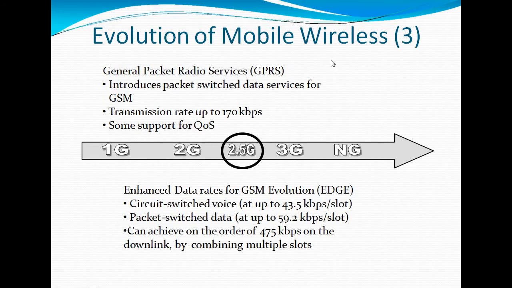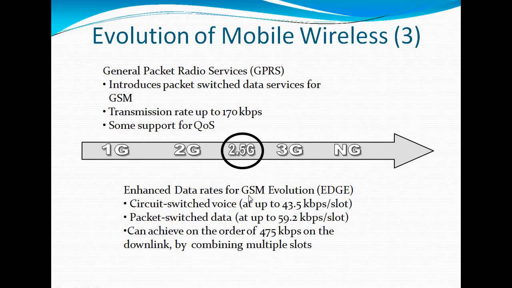Now the next generation of wireless mobility is 2.5 generation, which uses GPRS, that is General Packet Radio Services, which introduces packet switched data services for GSM, and provides transmission rate up to 170 kbps, which supports quality of service, that is QoS.